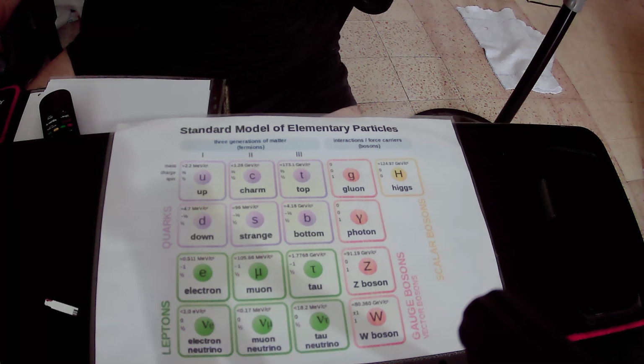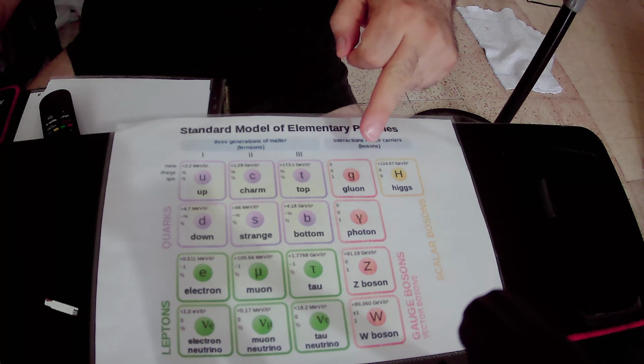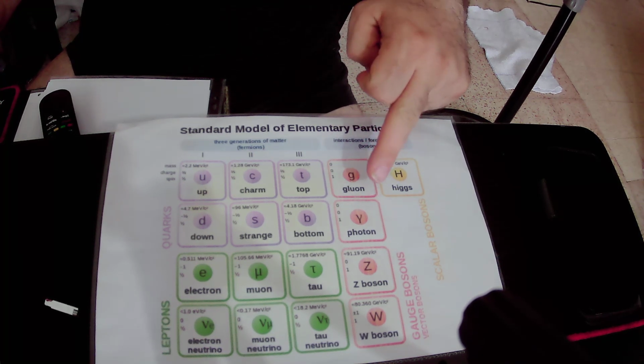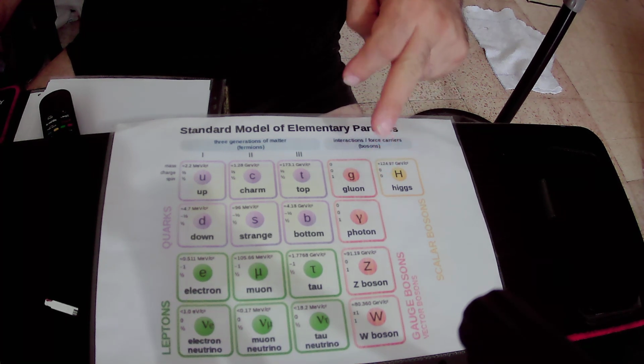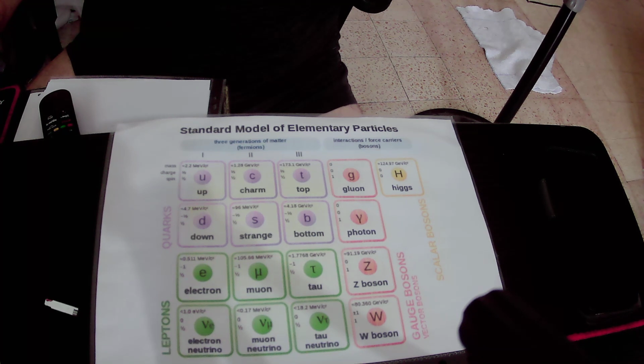Okay, so photons that carry the electromagnetic force have spin 1, they carry the electromagnetic force, okay?